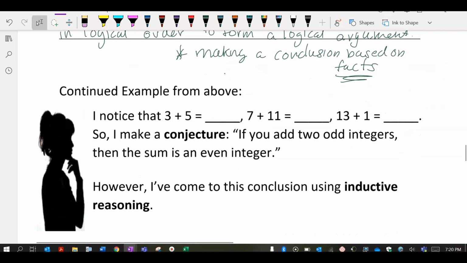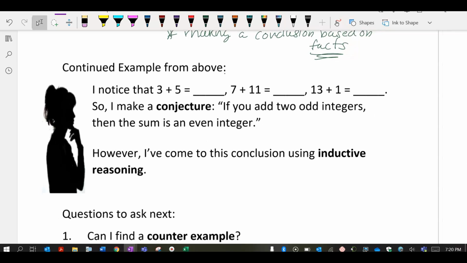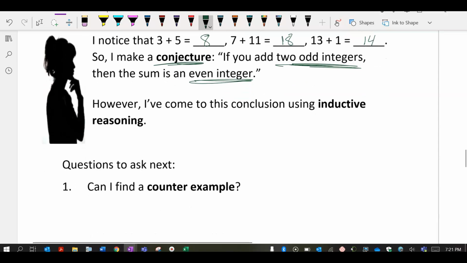Alrighty, so let's do this example. It says, I noticed that 1 plus 5 is 6, 7 plus 11 is 18, 13 plus 1 is 14. So I make a conjecture: if you add two odd integers, then the sum is an even integer. We talked about that earlier.